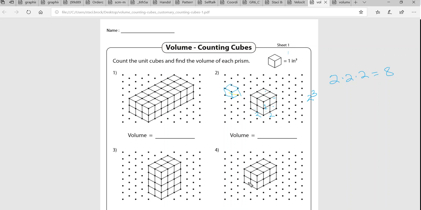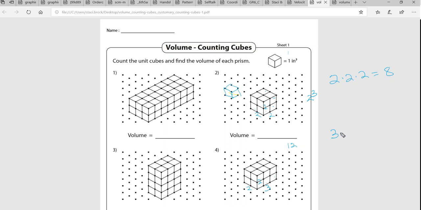Okay, so I could do the same thing right here, counting the boxes. So I have 2 rows here. In the front, I've got 1, 2, 3, 4, 5, 6. Well, if I have 6 in the front one, then I definitely have 6 back here. So 6 plus 6 would give me 12 if I'm just counting. So now let's do the same thing, but let's use the numbers. Here we can count 1, 2, 3, so I'd have 3 on my length, 2 for my width, and 2 for my height.